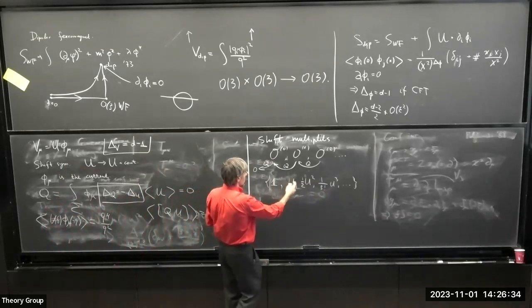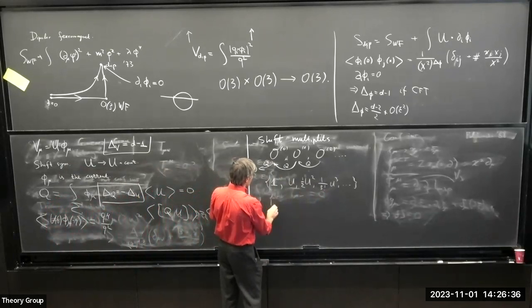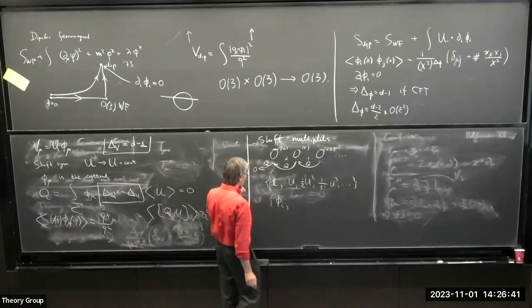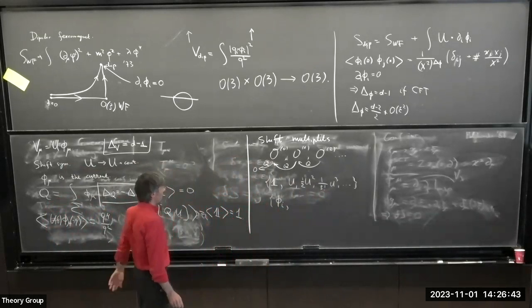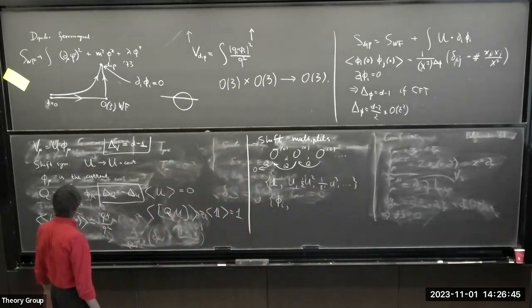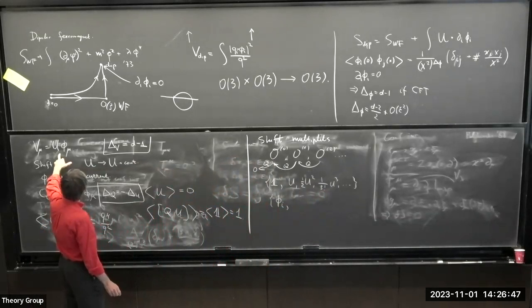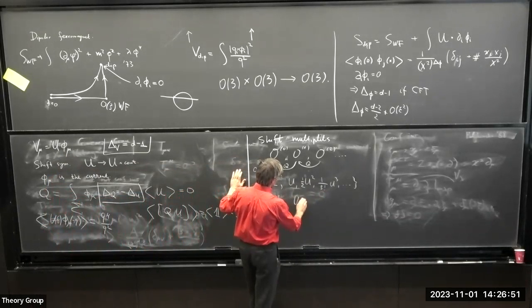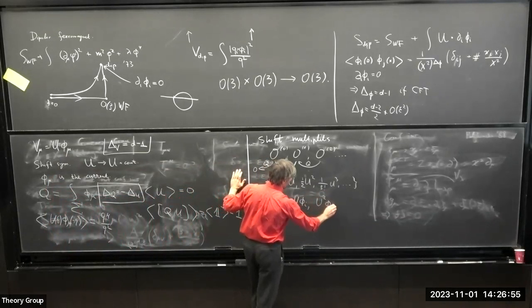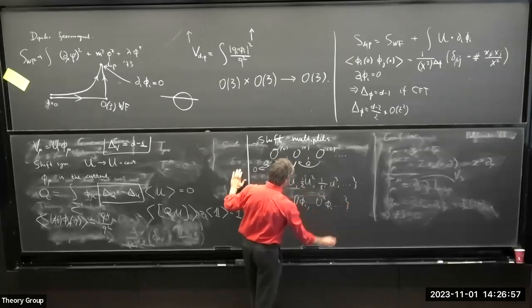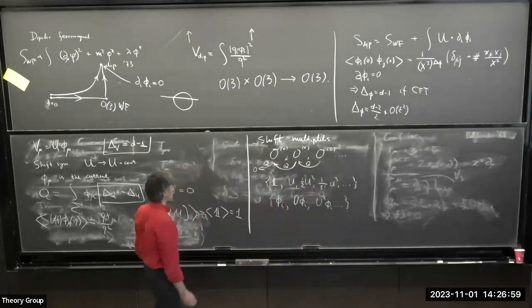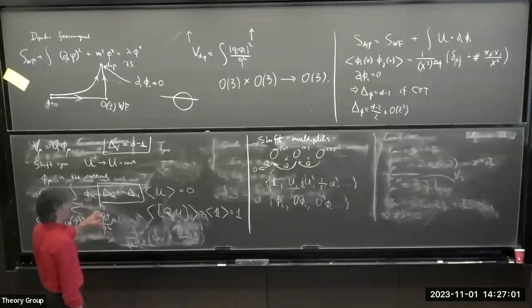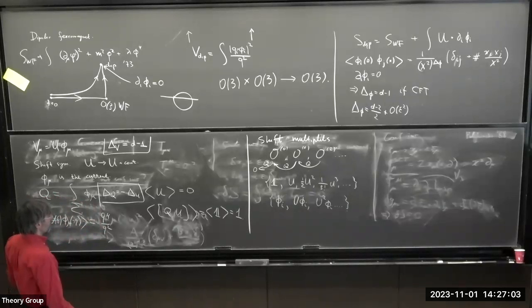Now, this is a very trivial example. Let us consider a more interesting example. It is a shift multiplet which is built on top of the field phi I. Why is this interesting? Because the second operator in the shift multiplet is precisely the virial current, U phi I, and then U squared phi I, and so on. So we are almost there.